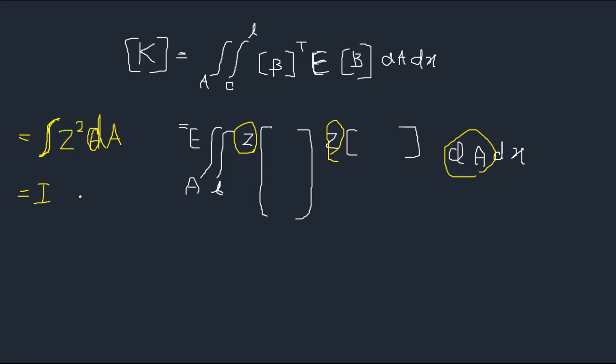A squared dA means the second moment of area. So you can take that integral as it is. This is the area integral, Z squared dA. So you can take that EI as well, and you then have 0 to L, these two.